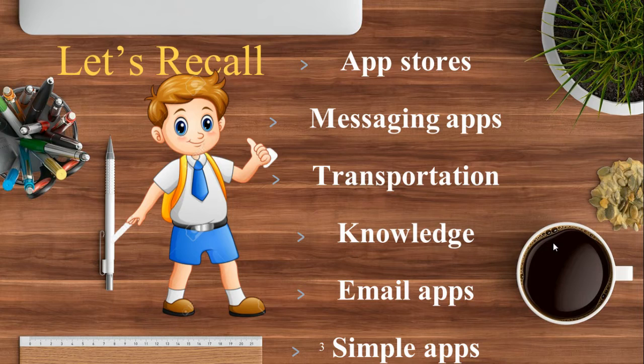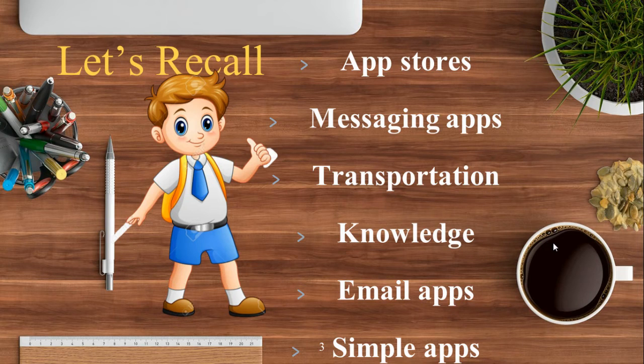And transportation apps, you can say Uber, Ola, and all those things come under transportation apps. Knowledge apps, you can say Byju's app. Email apps, you can say Gmail. Simple apps like calculator, weather forecasting, calendar. These come under the category simple apps.